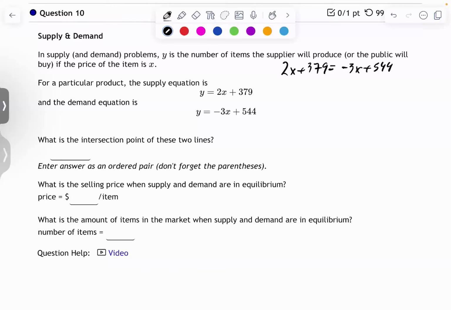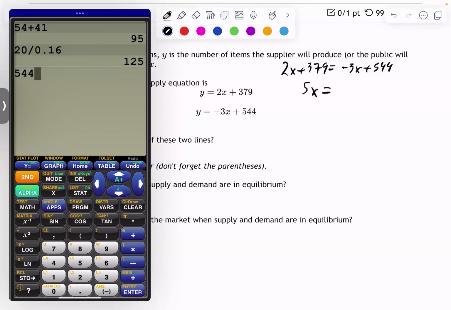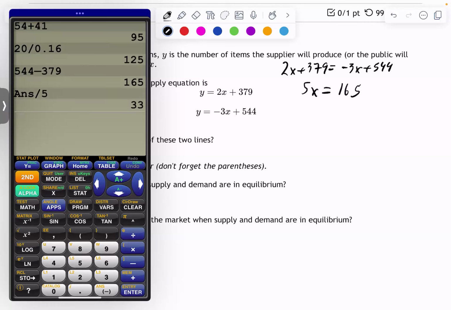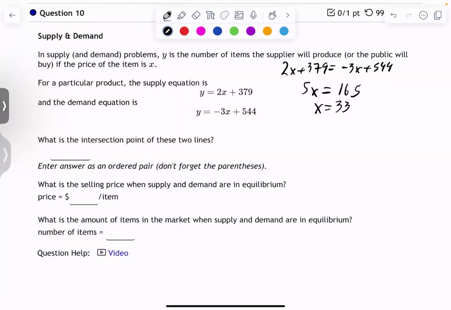I'm going to move the 3x over, and I'm going to do 544 minus 379. So it looks like we have a breaking point of 33. Now, x is the price of the item, so that's going to be $33.